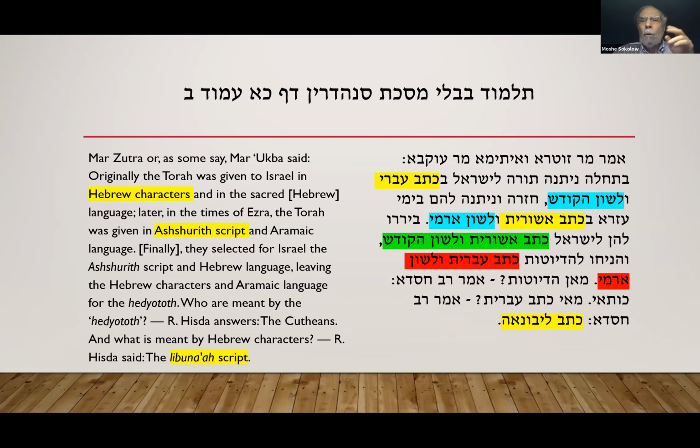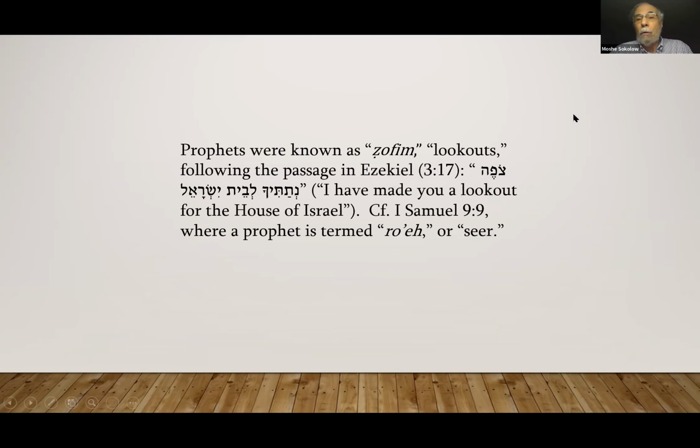Okay. So basically what we have here is an acknowledgement on the part of the Talmud that the alphabet in which Hebrew has been written for the last 2,500 years is not the only alphabet in which Hebrew was ever written. The question that remains, as I said, is which of the two is more venerable?